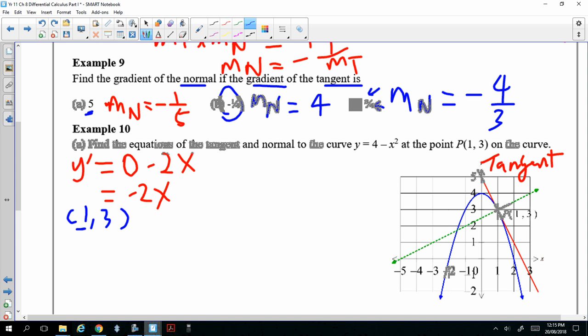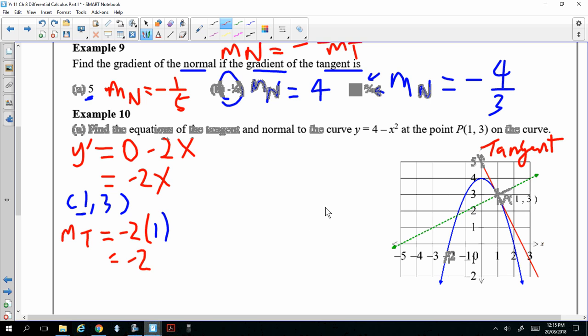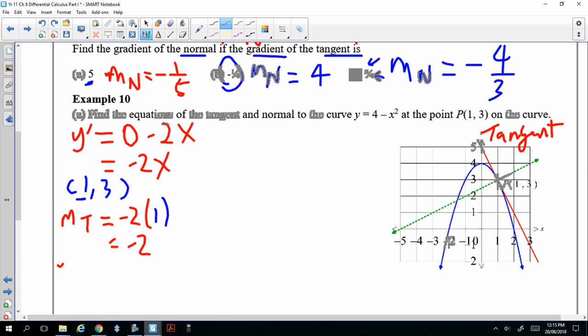So the gradient of the tangent will be -2 times 1, that will just be -2. That's the gradient of the tangent. And once you get the gradient of the tangent, we can find the equation: y minus y1 equals m times (x minus x1).